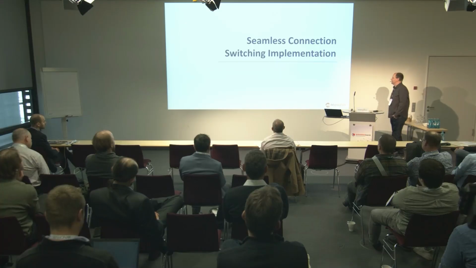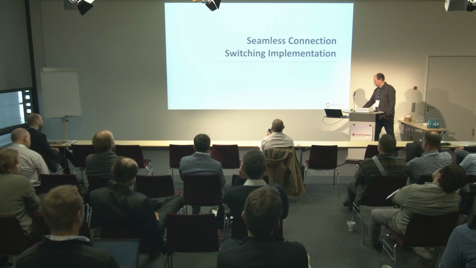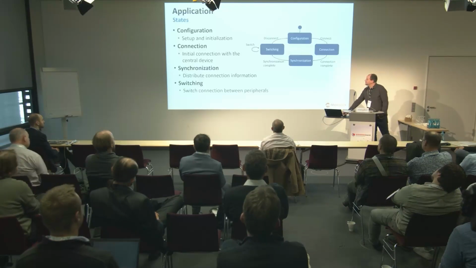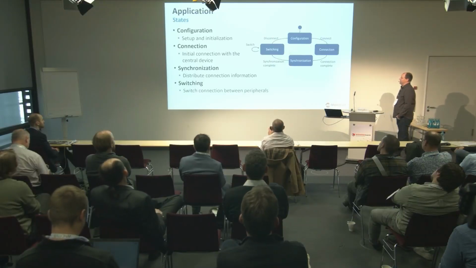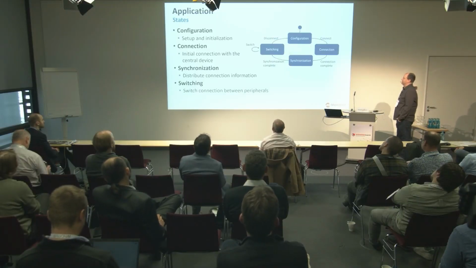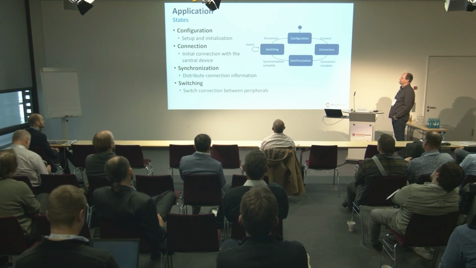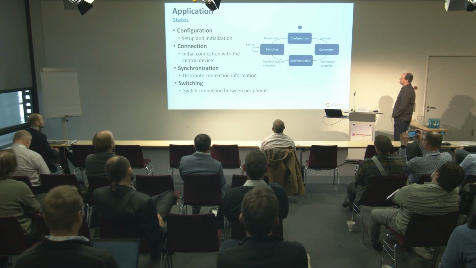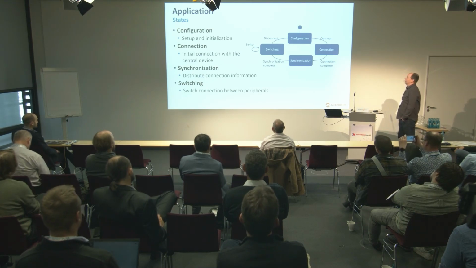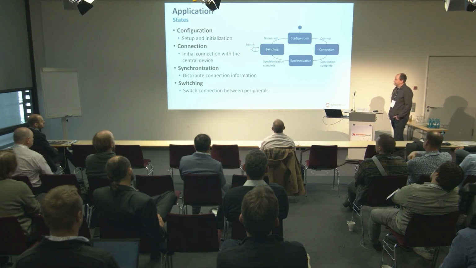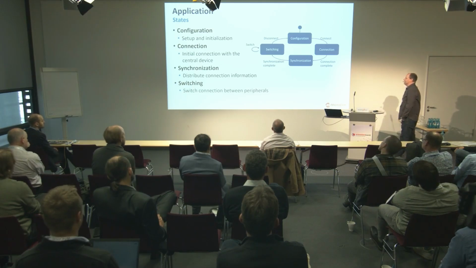So now let's come to the implementation part. We have here the implementation states. We divided this feature into the configuration state with the setup and the initialization. After a connect request, it enters the connection state. This is typically a normal BLE connection.